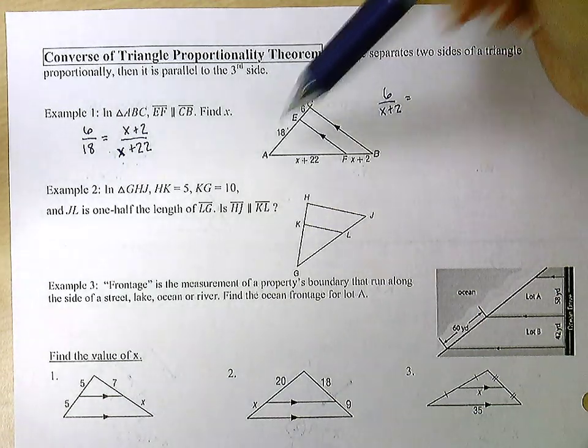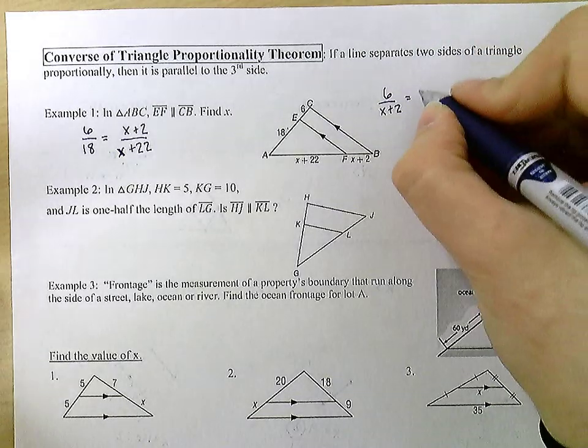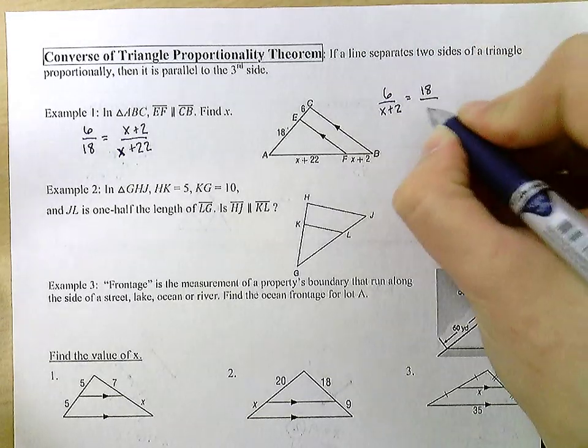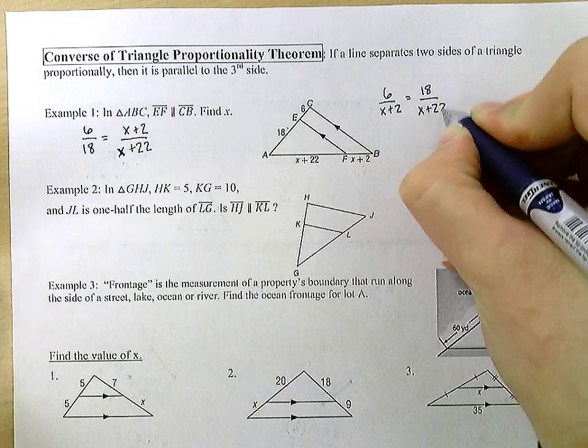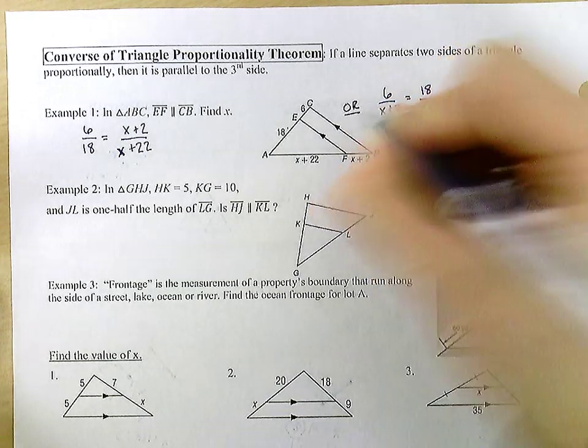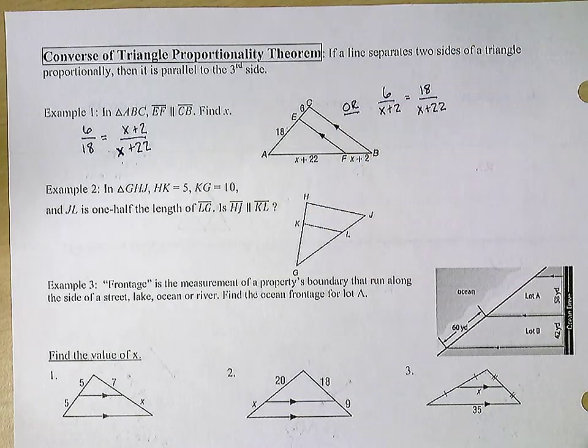So since I started with 6, I'll start with 18 in this proportion or ratio here. And then over x plus 22. Okay, so you can do it that first way or that second way. Okay, either way you're going to get the same answer.